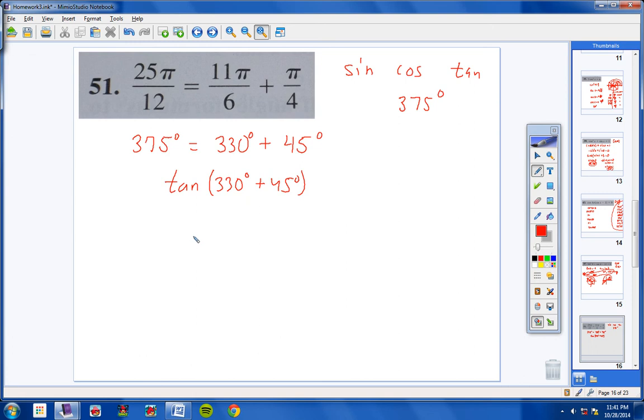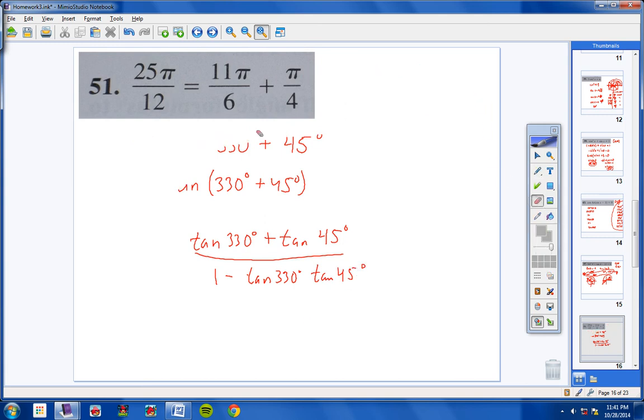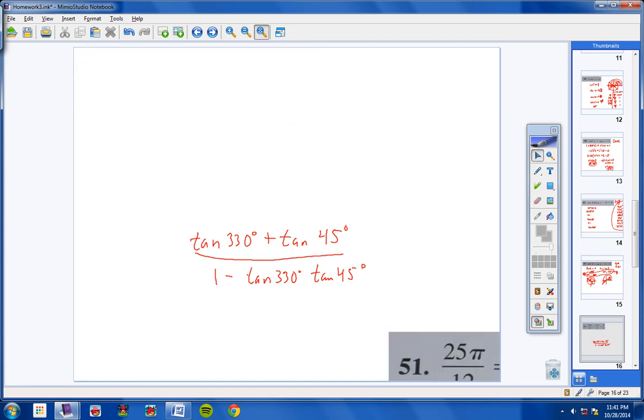Tangent of u, so tangent of 330, plus tangent of v, so tangent of 45, all over 1 minus tangent of 330 times tangent of 45. So let's go ahead and get some space here. So erase all of this, erase this, get rid of this right here. And let's finish this problem up.